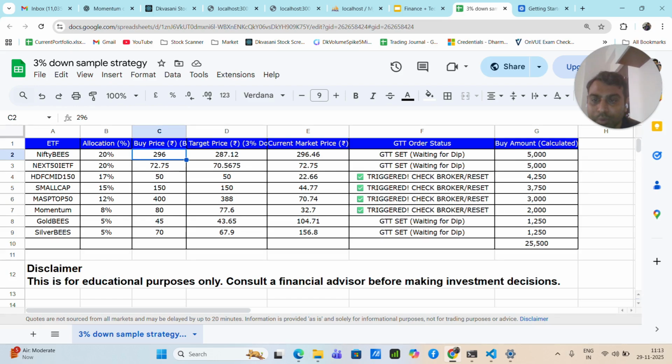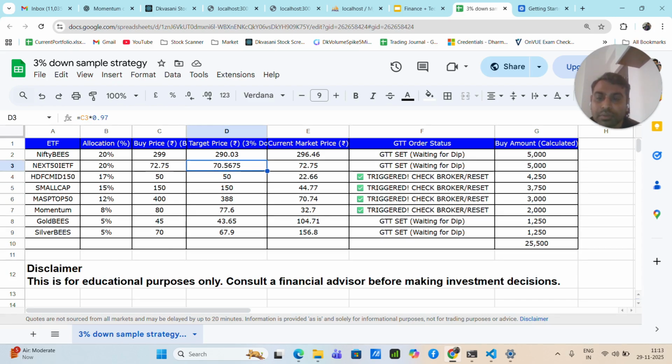If you change any cost over here, you can see 291, 281. If you buy at 299, then you can see 290. So this way I have prepared this sheet, so you can look at it and let me know if you need more detail. I will help you out by connecting through the channel.